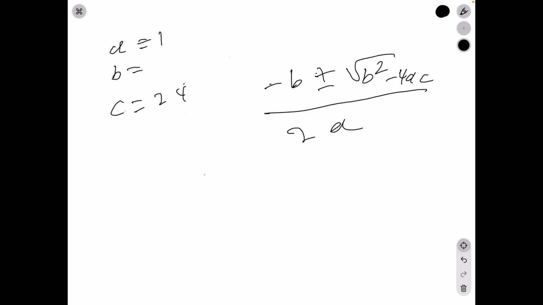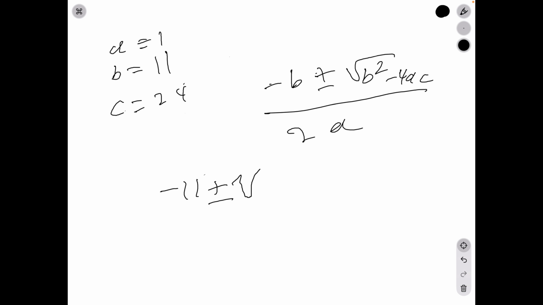Now that we're settled, let's work on substituting. First, we can see that negative b is the first part of the equation, so we substitute b equals 11. So it will be negative 11 plus or minus. Now let's work on the numbers inside the square root.